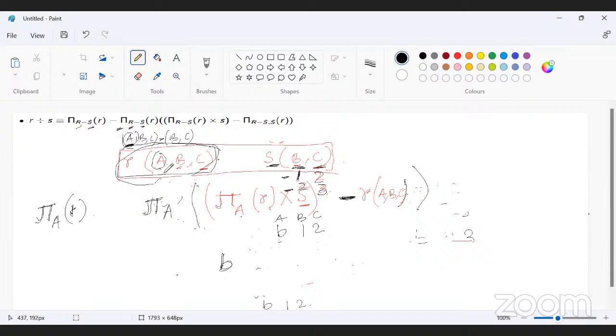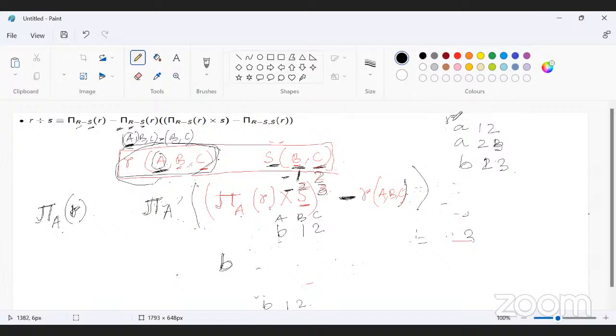Whichever attributes are present in R, so this is A12, A23, and B. Now you tell me, pi A of R. What is the output of this?